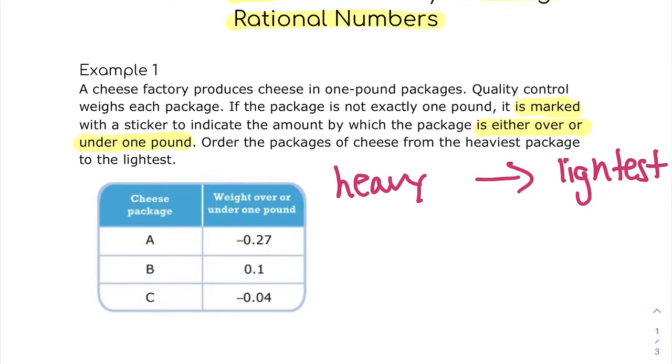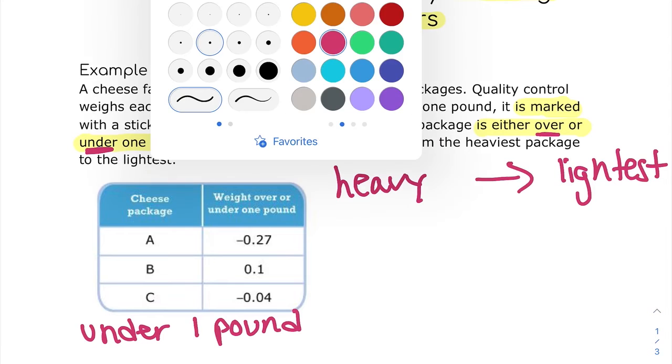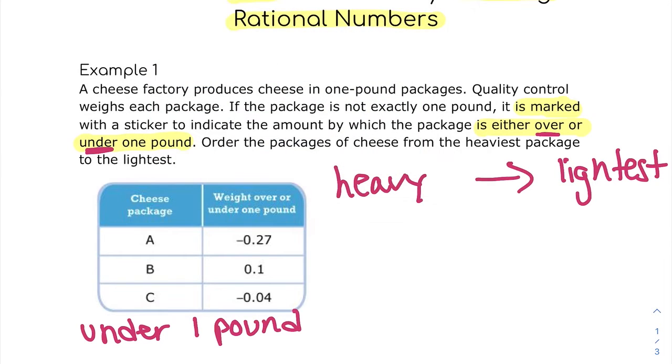Now, because we are marking them if they are over or under, if we have a package that is under 1 pound, do you think we would represent this with a positive or a negative number? If it's under, we are going to represent this as a negative number.